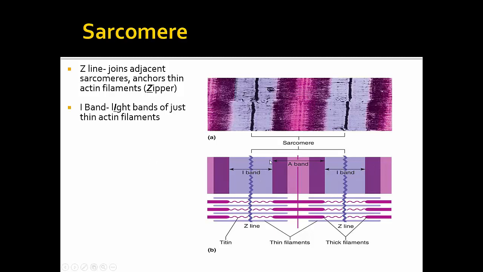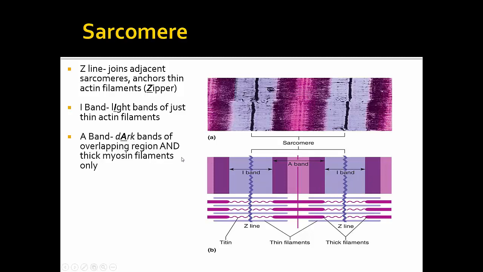The I band is the part that surrounds the Z line that consists only of light actin filaments. So light purple, okay? Those are the thin filaments, the actin filaments, and they surround the Z line. So one sarcomere is going to have a little I band on one side and a little I band on the other. But you can see when they're lined up end on end, the I band extends completely across the Z line.